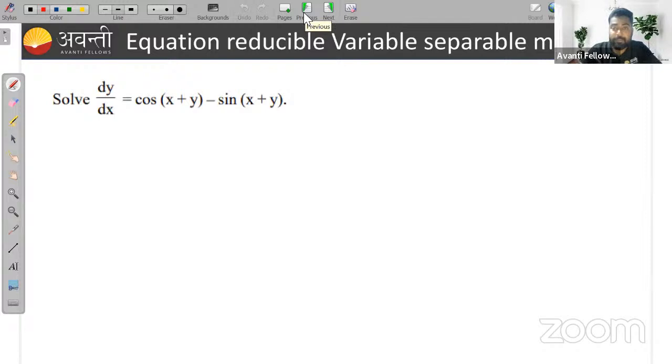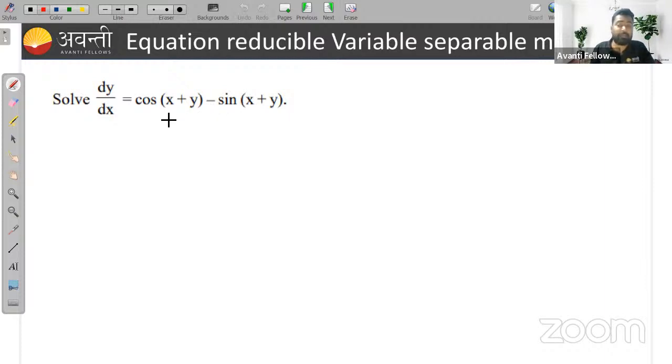Let's solve another question. Reducible variable separable method. So how can we solve it? Here the method is known as the equation reducible to variable separable method. That means here you have to use a substitution to reduce it to the variable separable form first, because in the argument of cos and sin, both the variables are present.